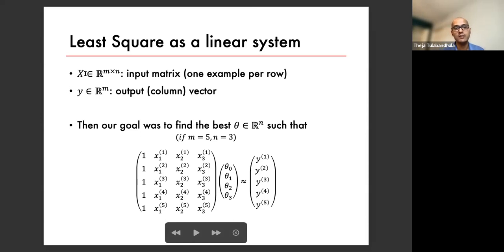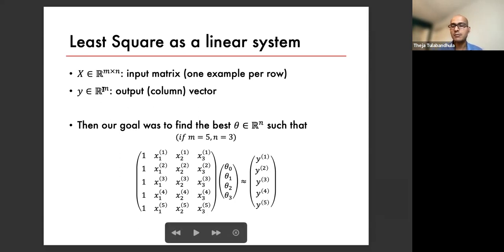Capital X here just represents the M cross N matrix, the input data matrix, and little y represents the m-dimensional vector of scores or outputs. I was saying scores in the illustration we had, but in general y represents the output values.